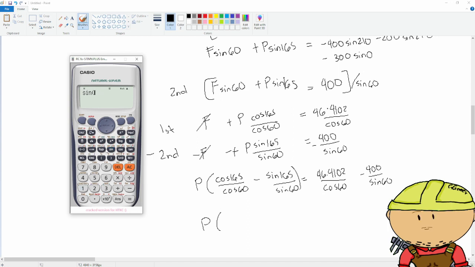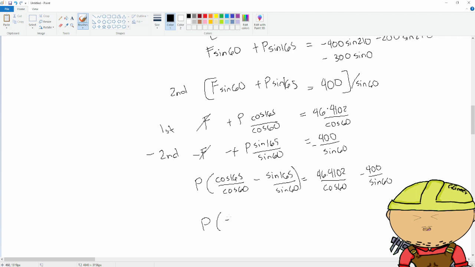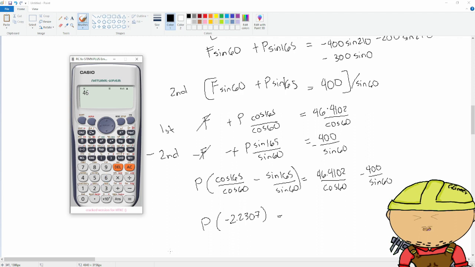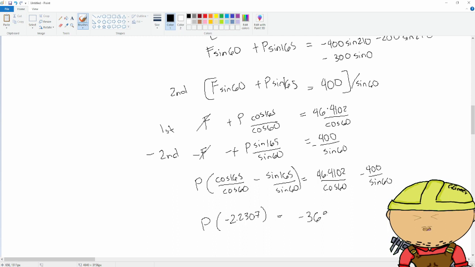Cosine 165 divided by cosine 60 minus sine 165 divided by sine 60 is negative 2.2307. Negative 2.2307 is equal to 46.4102 divided by cosine 60 minus 400 divided by sine 60, which is negative 369.0598.